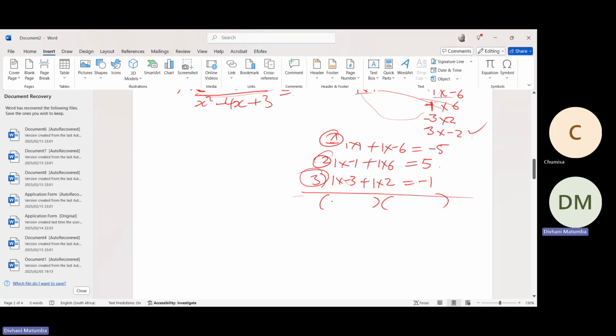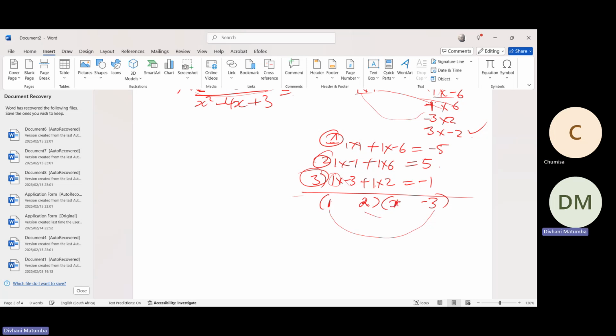You agree that it will be a 1 times -3, and then the second one will be a 1 times 2.